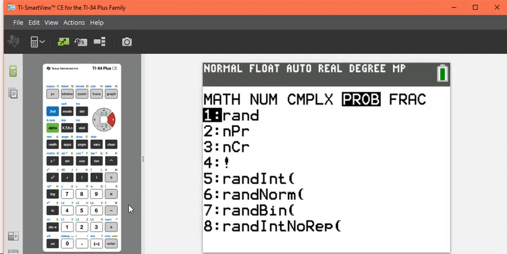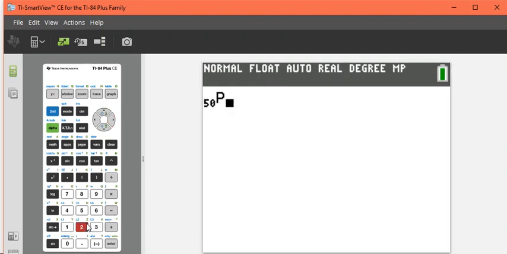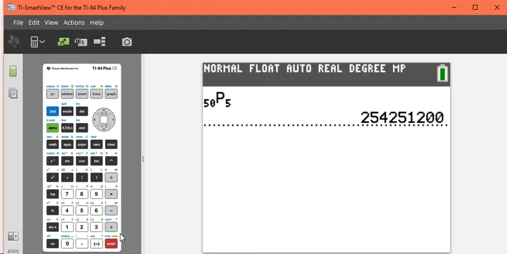We want a permutation here, so I'm going to hit option 2, and it brings up the permutation notation. So this is a permutation of 50 objects taken 5 at a time. If you hit that, we get that ginormous number.